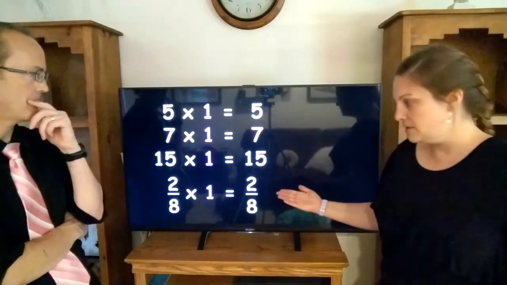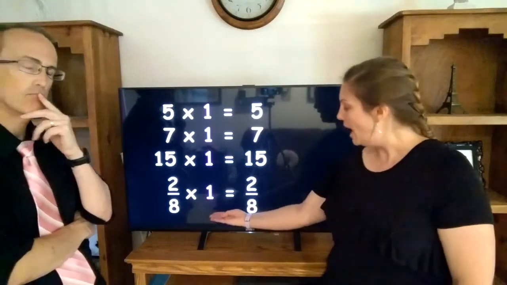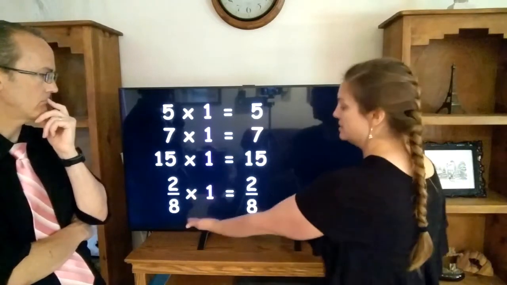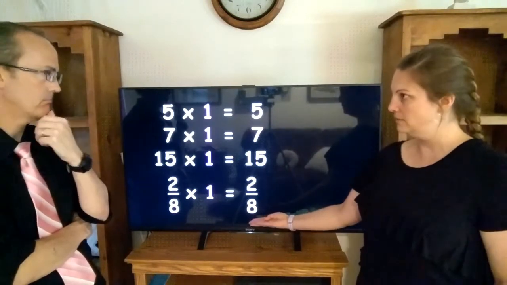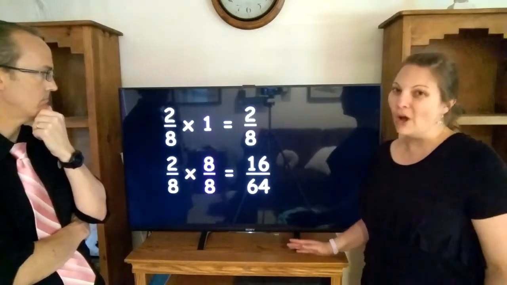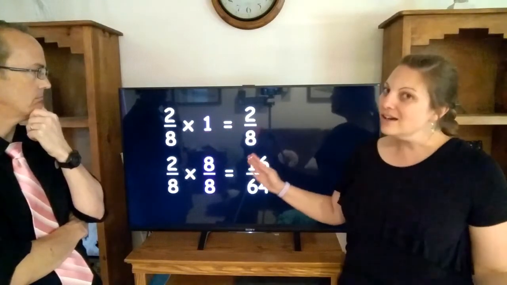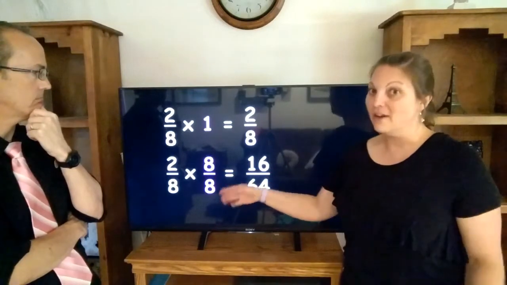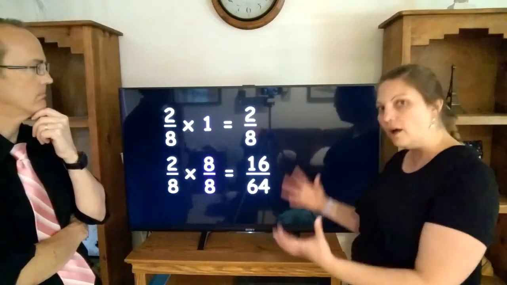Same thing with fractions. If I start with 2/8 and multiply by 1 whole, I get 2/8 again. When your numerator and denominator are the same, it's the same as 1 whole, because I'd have 8 pieces and all 8 would be colored in.